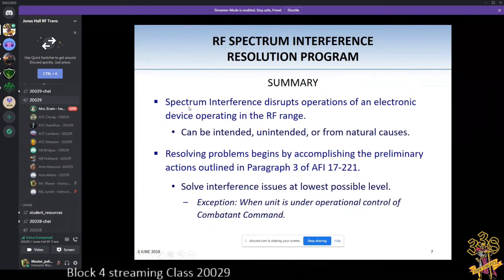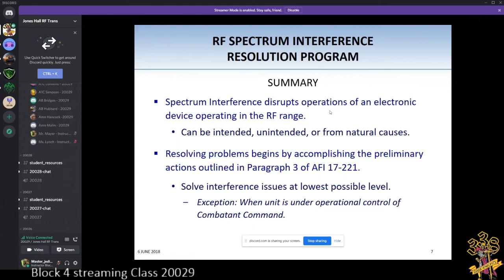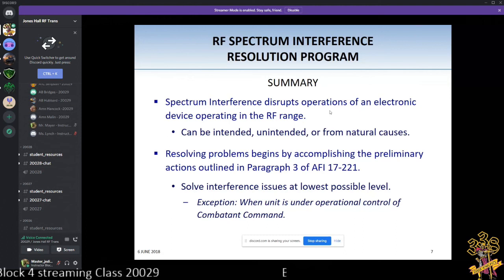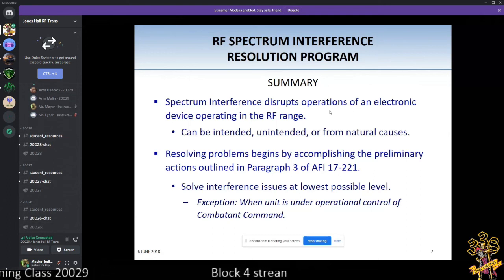So spectrum interference disrupts operations of an electronic device operating in the RF range. It can be from your enemy trying to intentionally jam you. It can be unintended by somebody else operating on a frequency too close to yours and interfering.